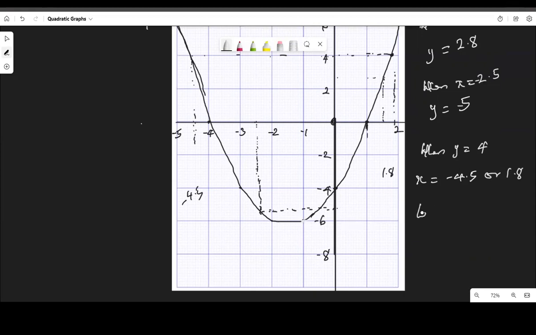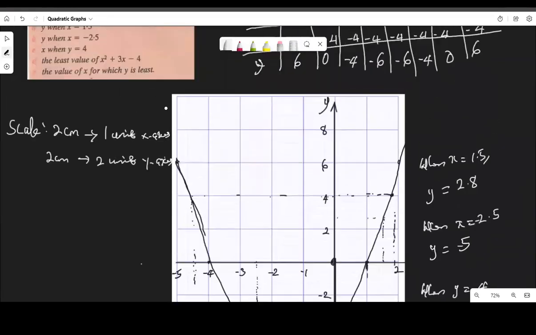So the least value is around y equal to negative 6. A bit lower than negative 6 anyway, because if you have a perfect curve, it's supposed to come down a little. Let's say negative 6.2. Yes, so negative 6.2. So at which value of x does that occur?